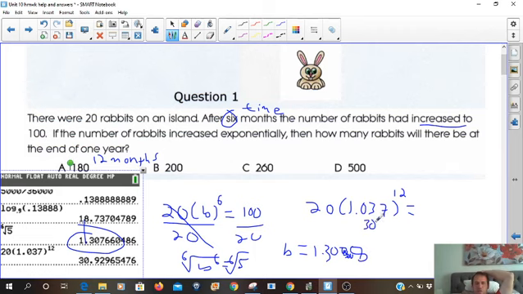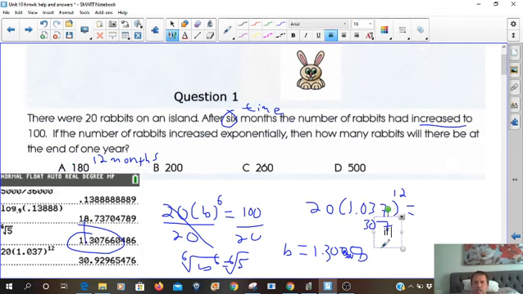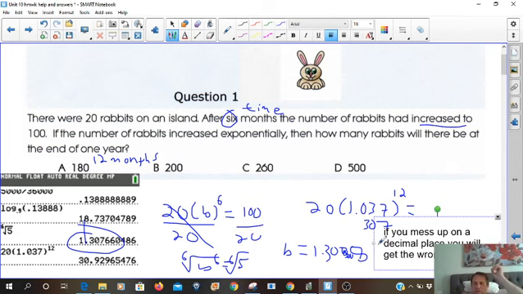So be careful that you don't mess up on a decimal, because look what happened. If you mess up on a decimal place, you will get the wrong answer. So be real careful there.